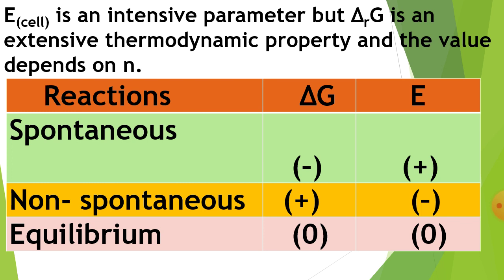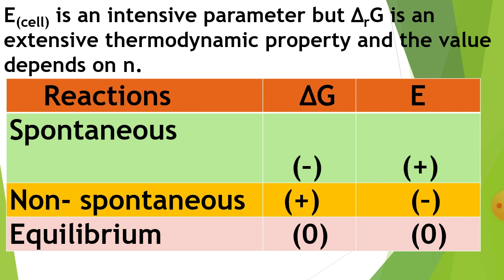That means delta G depends upon the number of moles and hence it is an extensive property. Now the reactions and the relation between delta G and E are given in the form of a table. For a spontaneous reaction, delta G should be negative but E should be positive.